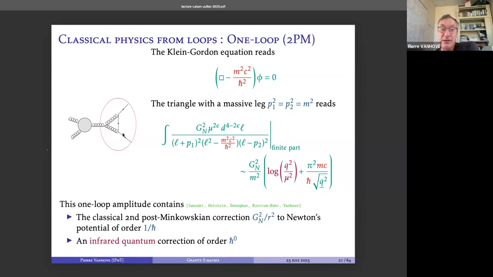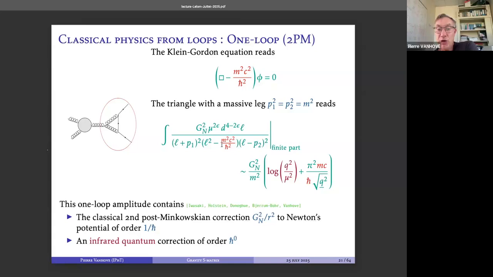Normally you have a scalar field of mass m that propagates here, so normally you have L square minus m square. But if you put back c and h bar, that means you don't use c equal 1 and h bar equal 1 as we normally do, then you realize that the Klein-Gordon equation has this inverse quantum wavelength, m square c square divided by h bar square.